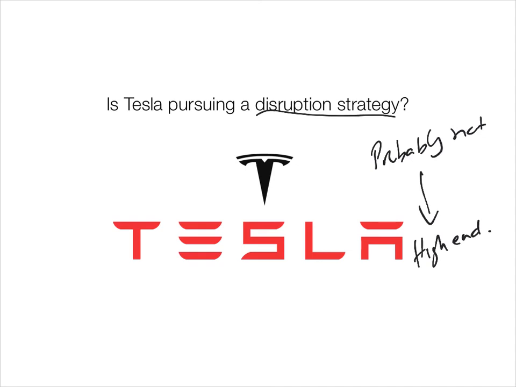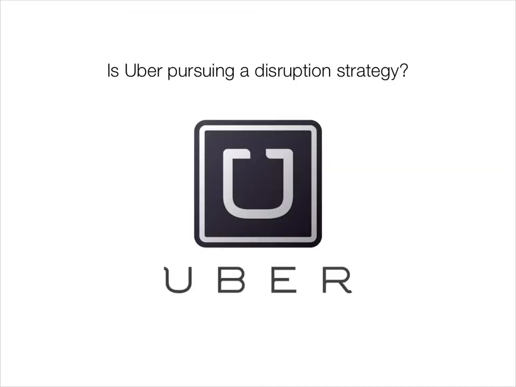It is not like the Prius strategy. Let's sell an expensive car with lower performance to people who care about the environment. It's not doing that at all. It's pursuing a high end, so it's far more likely to be an architectural strategy. Okay, far more likely.